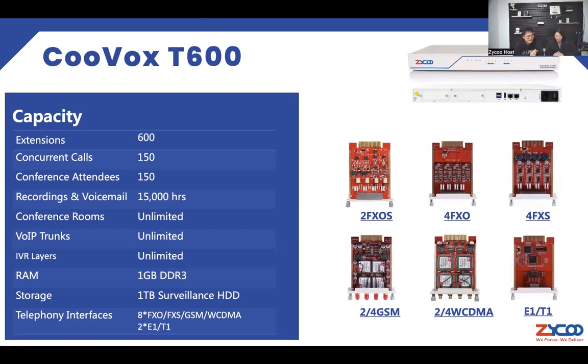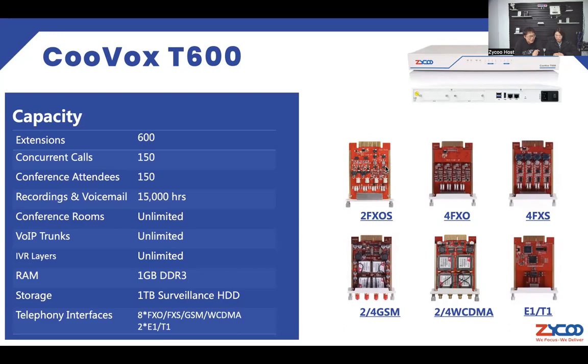And in the next page, it shows our CoolOS T600. It can support up to 600 extensions and 150 concurrent calls, 150 concurrent attendees, and up to 15,000 hours recording and voicemail.